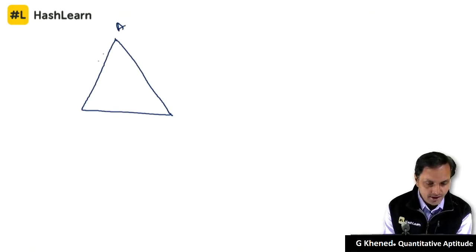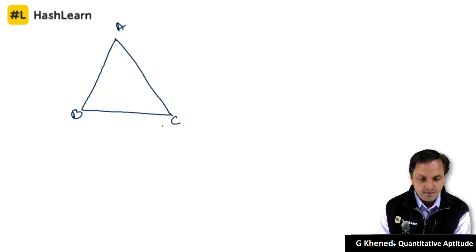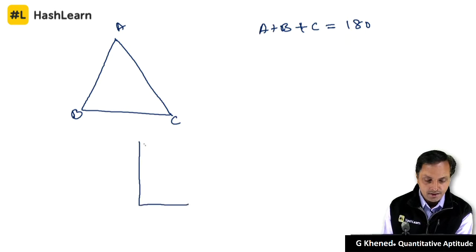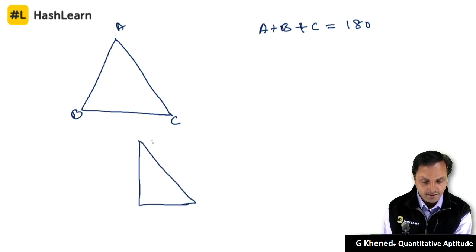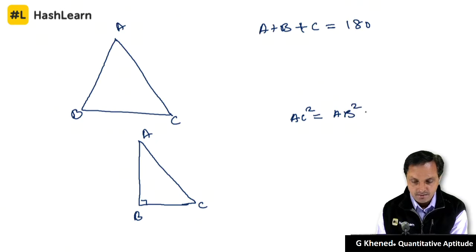As you all know, you have studied in your high school, the sum of all the three angles A, B, C will be equal to 180 degrees, and the condition when you have a right angle triangle, hypotenuse square will be equal to the sum of the other two sides square, AB square plus BC square.